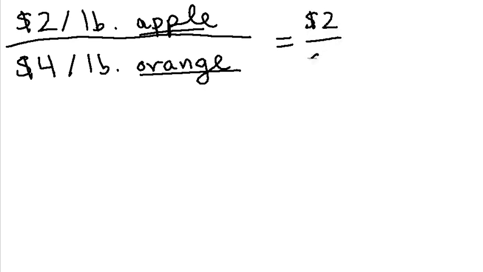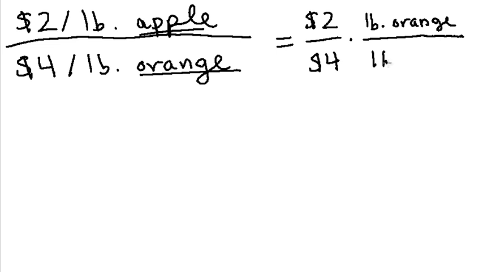$2 over $4 times pound of orange, pound of apple. So we can cross out a lot of our units here. Pounds and pounds cross off, and dollars cross off.